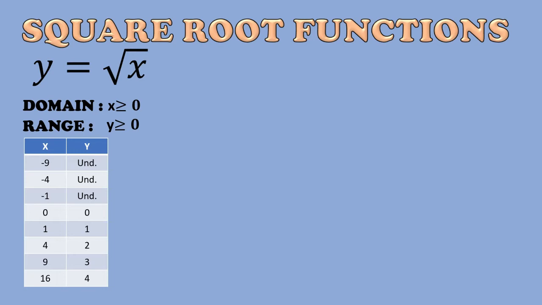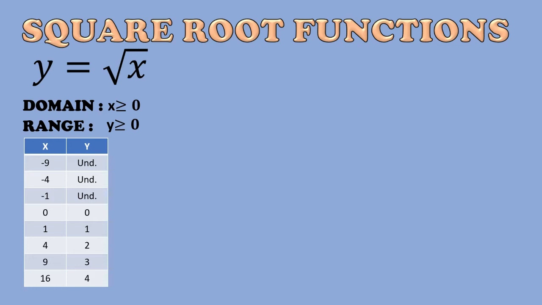To make a graph, I'm going to use this table. I use 0, I select 3 numbers less than 0, and I select 4 numbers greater than 0. That's very important. In this case, I use numbers for which I can find the square root exactly.